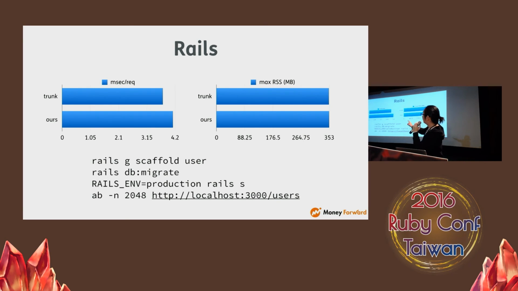The hours got slower. The good news is that, however, it seems there is no memory overhead. So as long as we don't optimize, there is no overhead. So as far as Rails is concerned, we still have a lot of things to be done to actually make your application faster.